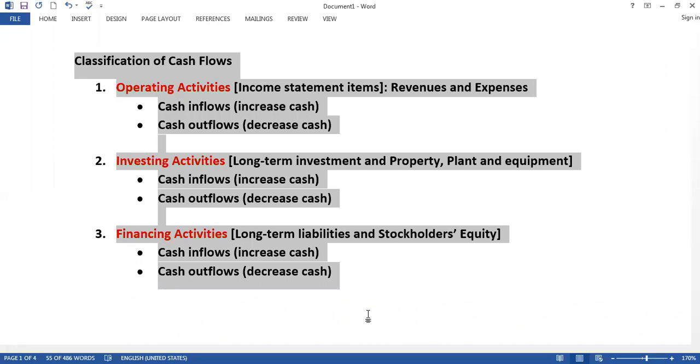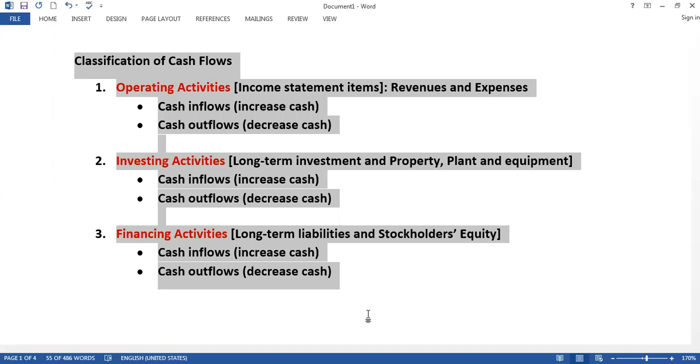You should know in detail who are the operating, investing, and financing activities, because if you mistake one activity for another, you will lose your grade. This class is important for knowing when our cash increases and when it decreases.